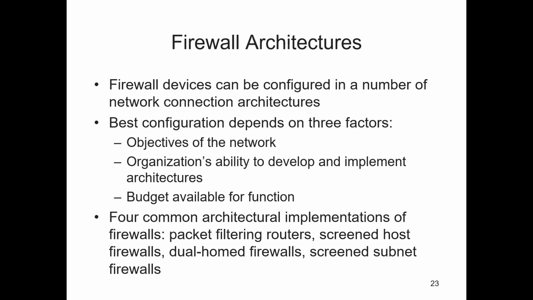Although literally hundreds of variations exist, there are four common architectural implementations of firewalls: the packet filtering routers, the screened host firewalls, the dual homed firewalls, and the screened subnet firewalls.